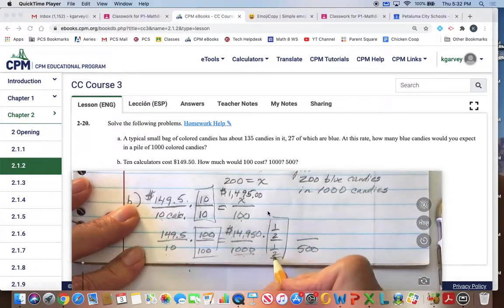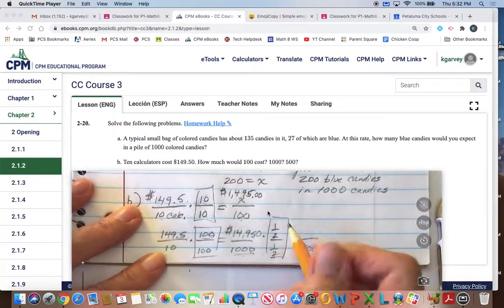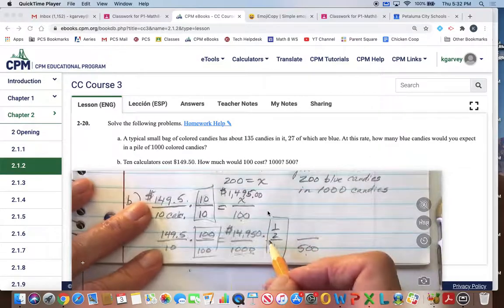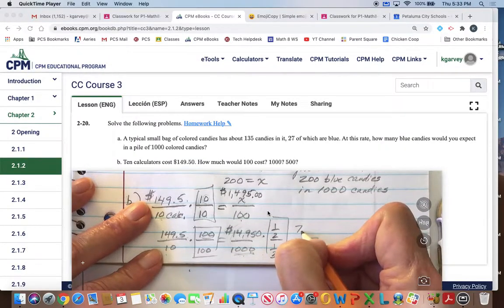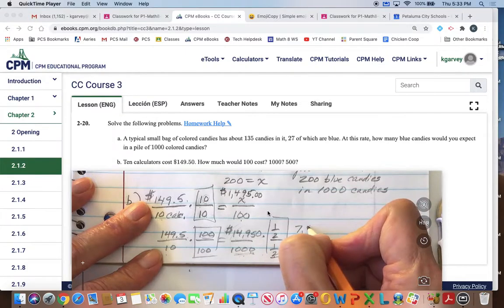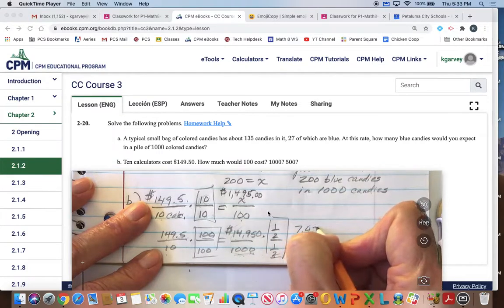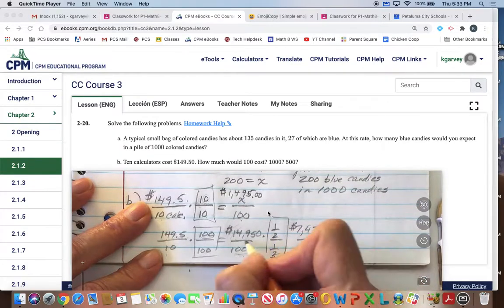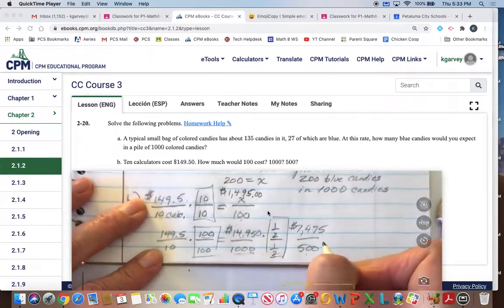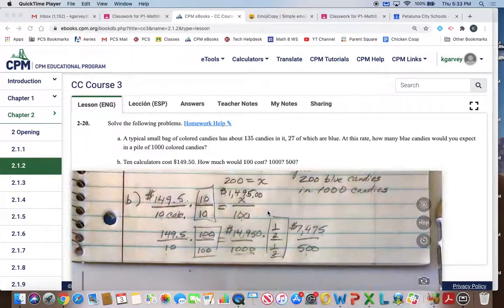So 1,000 multiplied by 1/2 gives us 500. So let's cut this in half too. So that would be 7,475 dollars. So this is half of that. So it's pretty easy to use a giant one when the numbers line up for you.